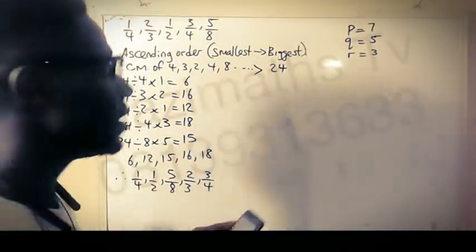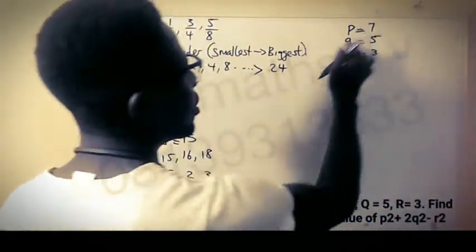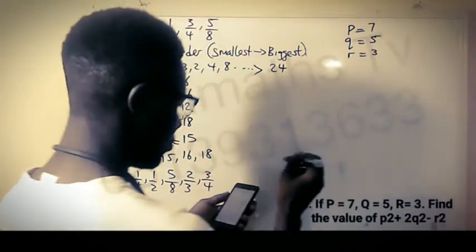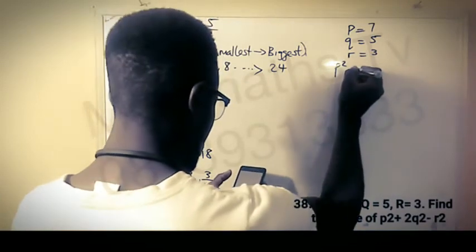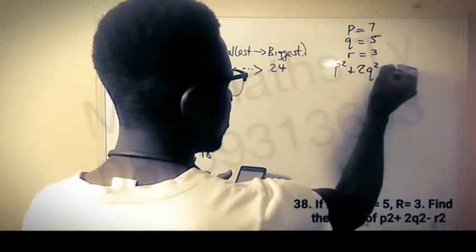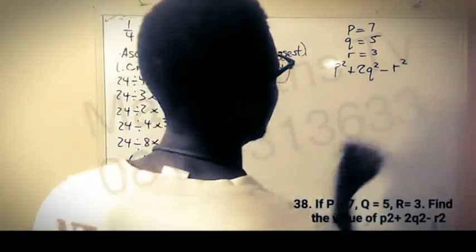Number 38. If P equals 7, Q equals 5, and R equals 3, find the value of P raised to power 2 plus 2Q raised to power 2, and then minus R raised to power 2.